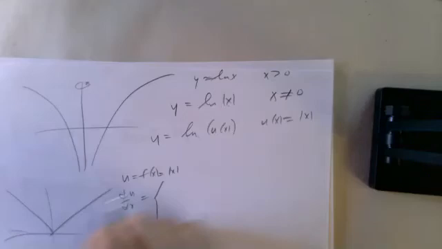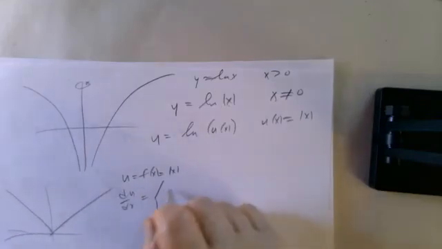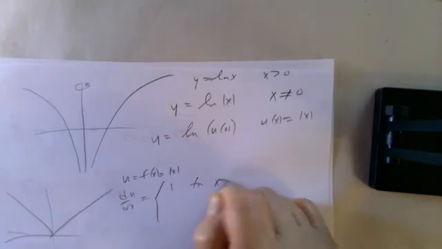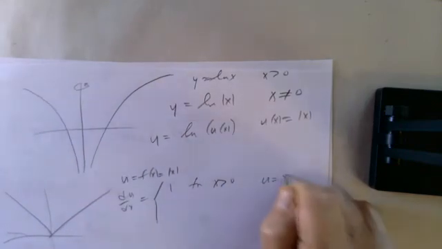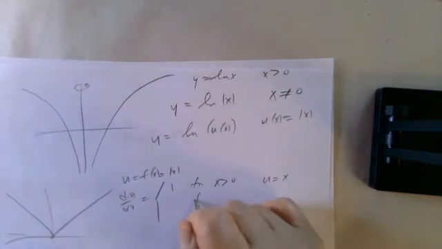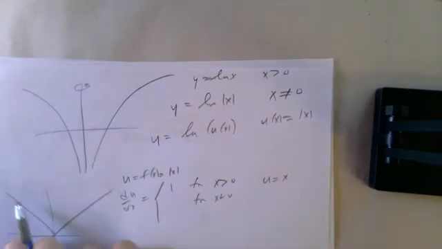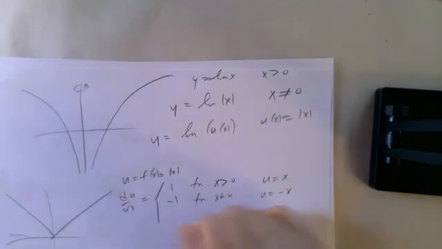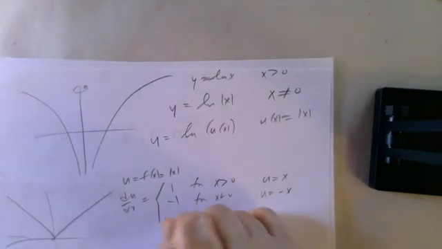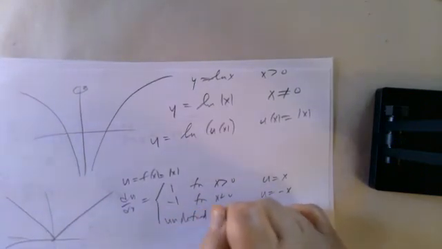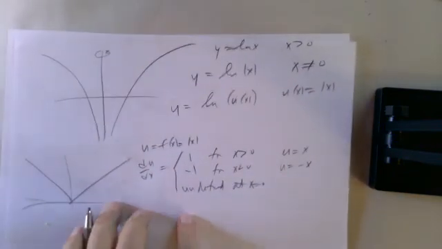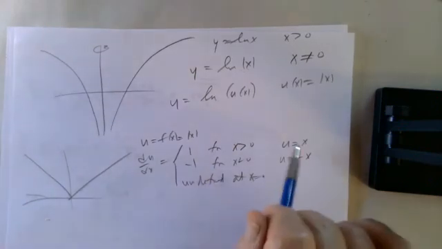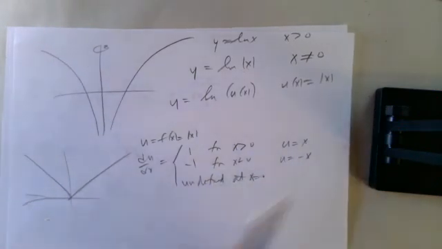If x is positive, u is equal to x. So du dx is 1. If x is negative, this is the line minus x. And the derivative is minus 1. And it's undefined, or it doesn't exist, at 0. But for non-zero values, the derivative is either plus 1 or minus 1, depending on whether x is positive or negative.